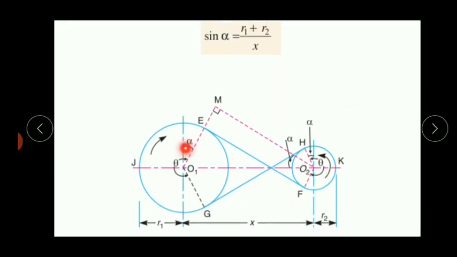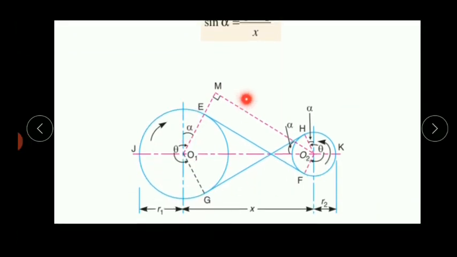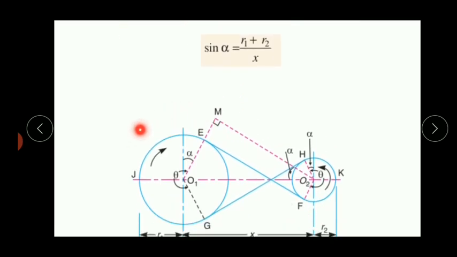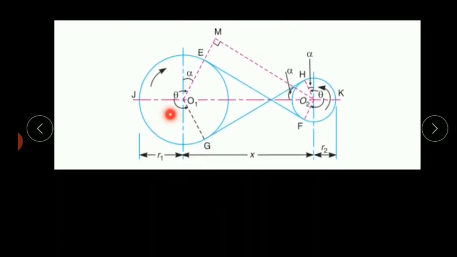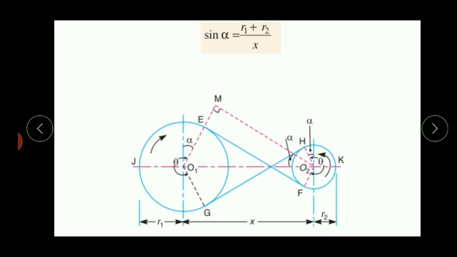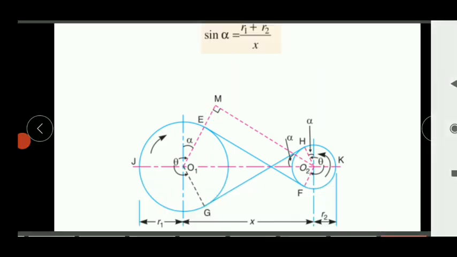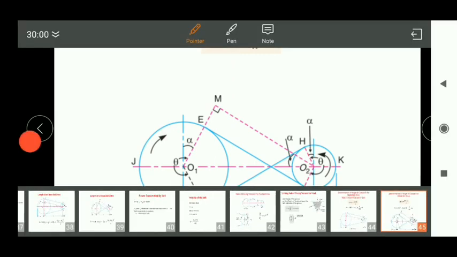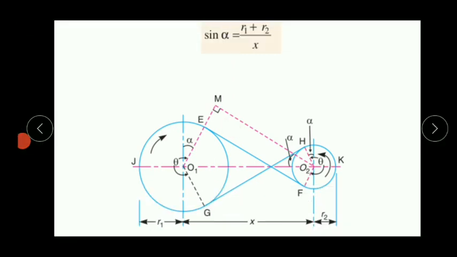The angle of lap is from E, J to G. You can observe here from E, J to G there is the angle of lap, and alpha is the angle between EO1G and the vertical line. So on the upper side there is alpha, on the lower side there is alpha.